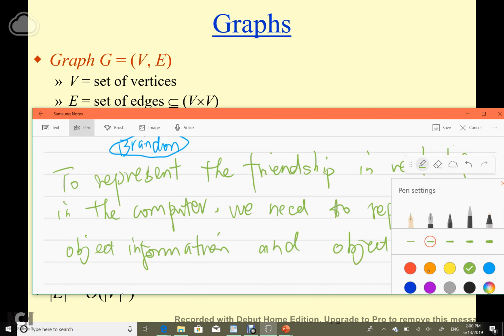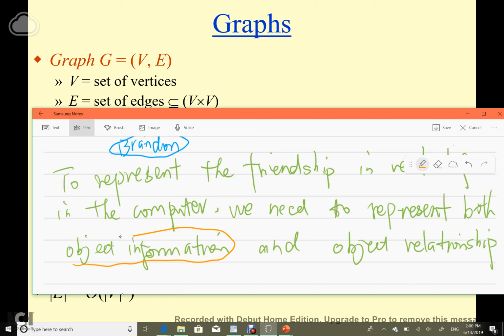In that case, object information corresponds to our V here.